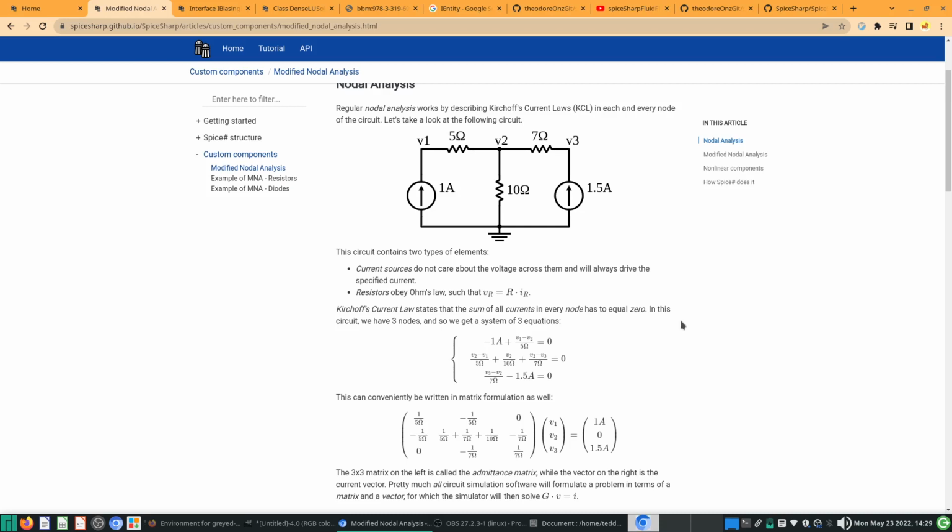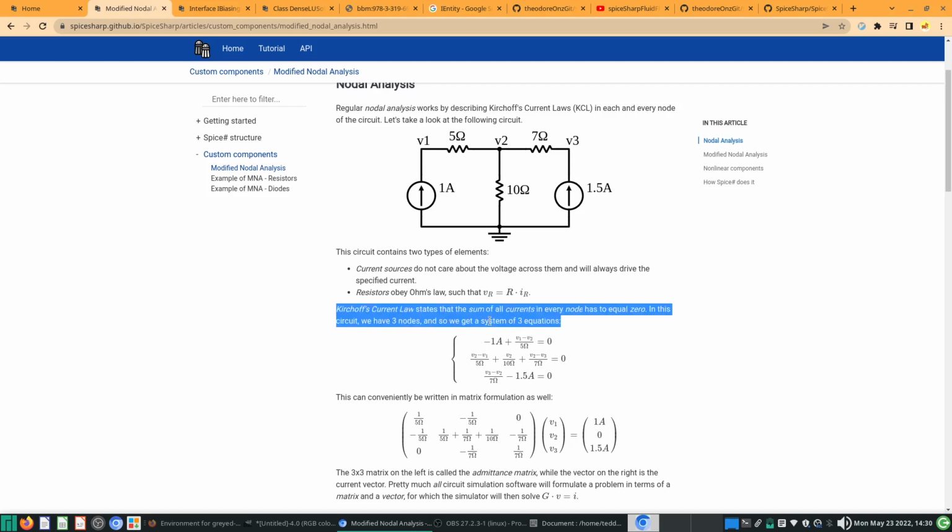So where are the things taken? Well, you can take the current across this 5 ohm resistor. You can see this V1 right here, this node right here. The current coming into this resistor is 1 ampere. The current coming out is actually V1 minus V2 over 5 ohms.